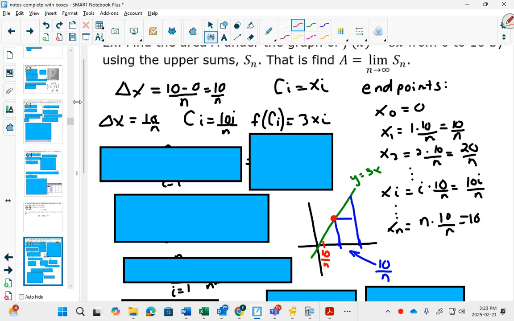And the second one would have 2 of those spaces. The ith one would have i of those 10 over n spaces. And finally, you would get to the nth one, which would have n of those spaces, right?